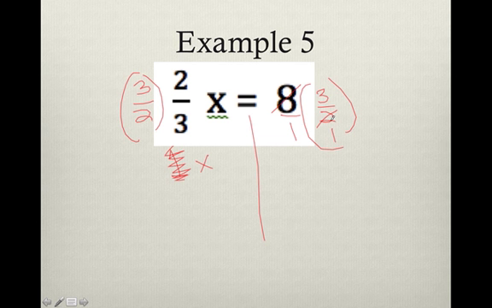We could take a factor of 2 out of the 2 and the 8. That leaves me top times top, bottom times bottom. Again, we don't need that 1 on the bottom, so we're not going to write it. So my final answer is going to be x is equal to 12. So plug that in and confirm that 2/3 of 12 is 8.